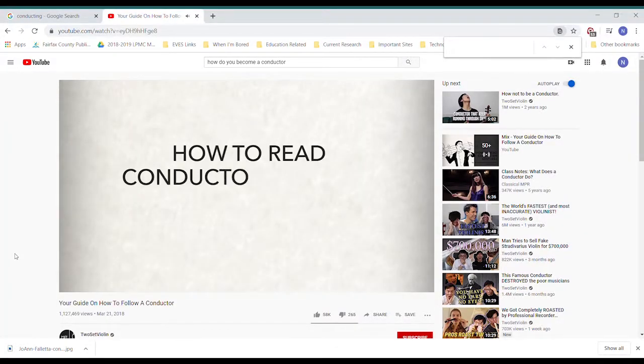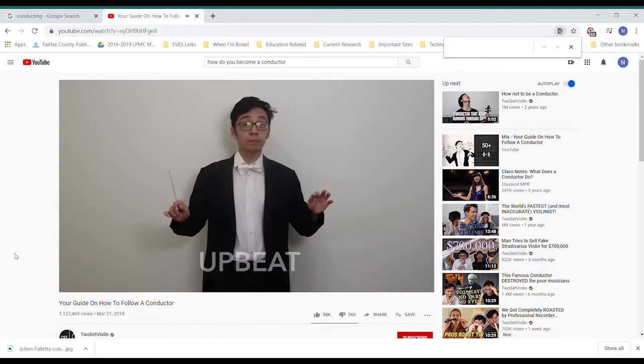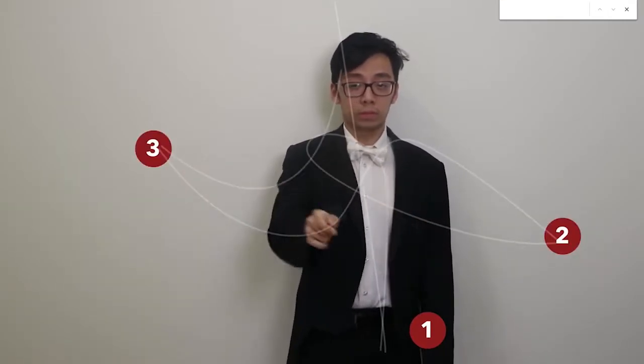How to read conductor gestures, by your most unqualified source for music education. This is an upbeat. This is a downbeat. And that's all you need to know. The end. Let's talk about beats. These are the 4 beats in a 4/4 time signature. 1, 2, 3, 4.